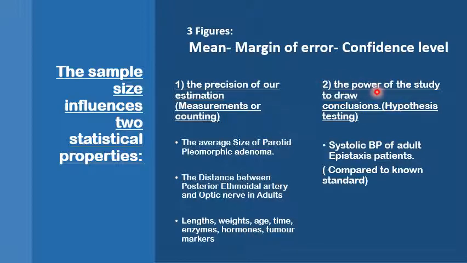The other important statistical property is when we are comparing results from a certain group to a known standard or to another group to draw conclusions, to say it's more or less or equal or related. This is hypothesis testing, and we'll see an example about finding out if the systolic blood pressure of adult epistaxis patients is more or less than the normal systolic blood pressure.